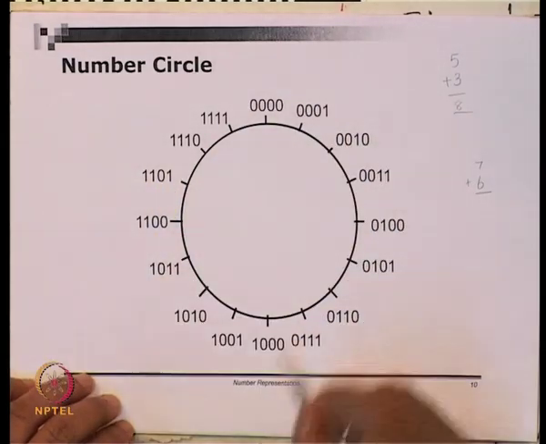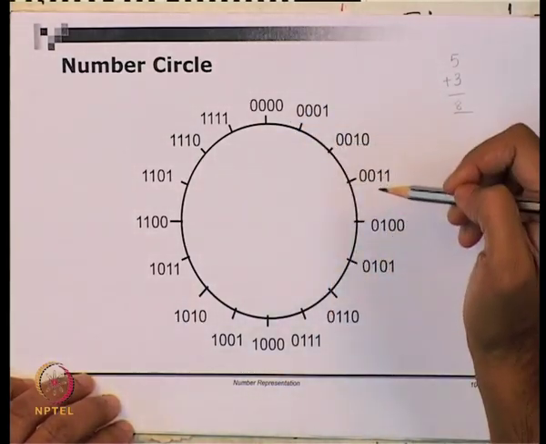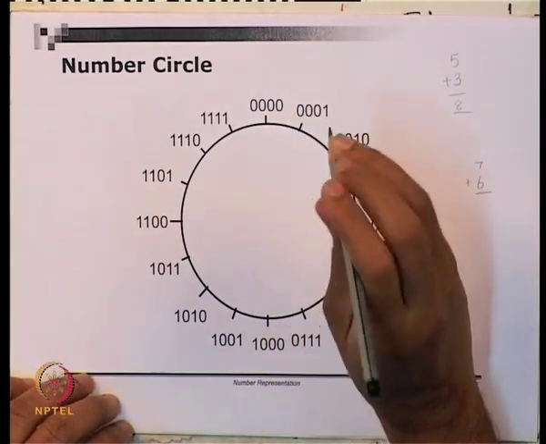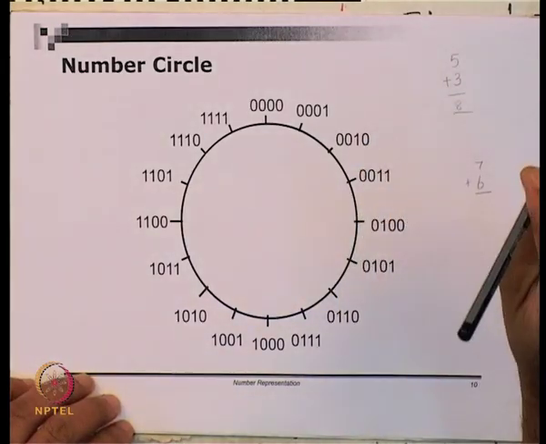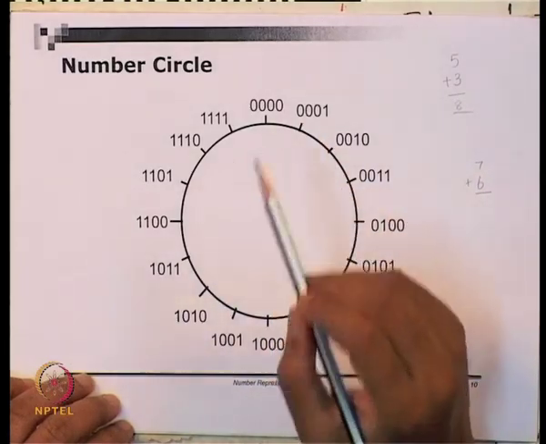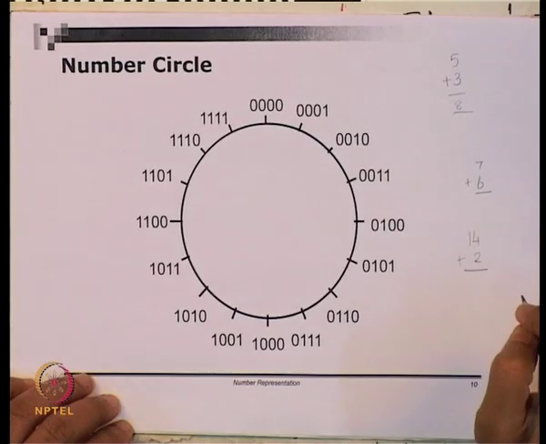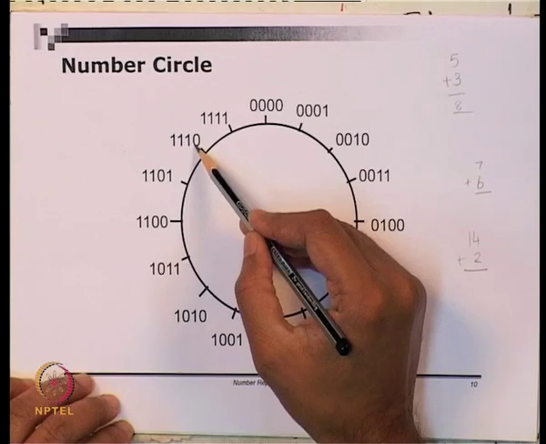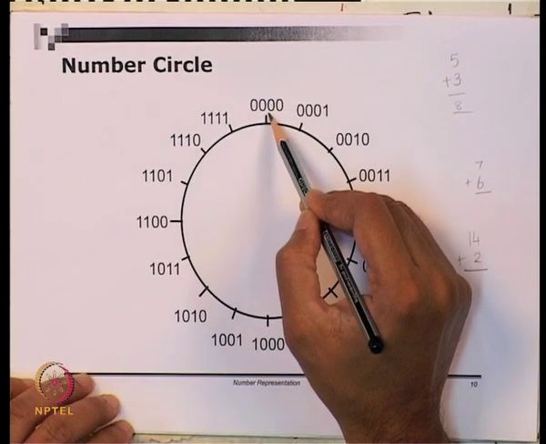So, this is a good thing. In the number circle, if I start from a number and take so many steps forward, I will end up at some other position, and that gives me the representation for the result that I am looking for. There are a few problems, however. For example, if I ask you for 14 plus 2, you start from 14, which is 1 1 1 0, and go 2 steps forward, and you end up with 0 0 0 0.